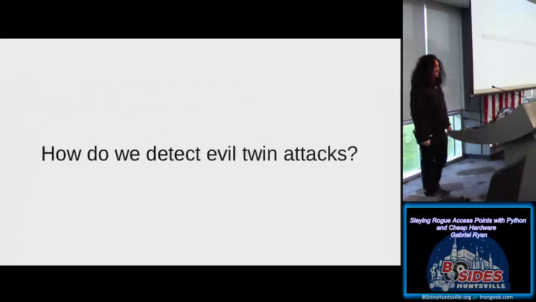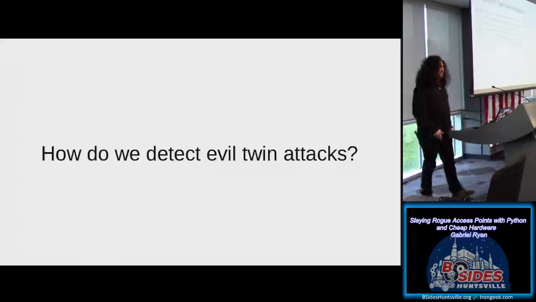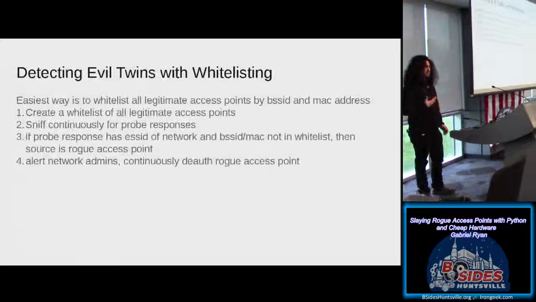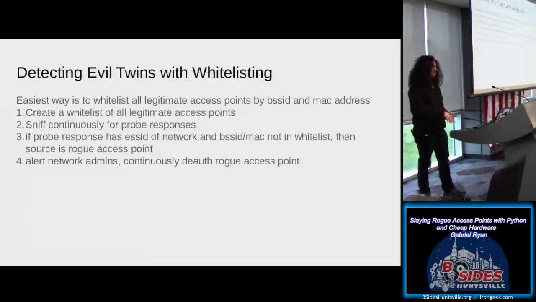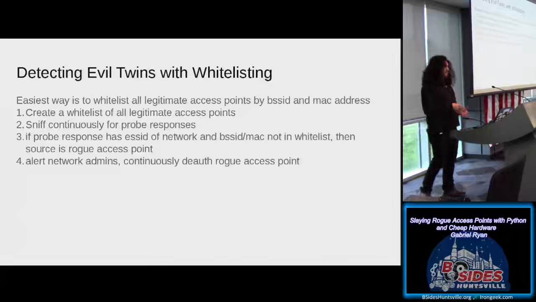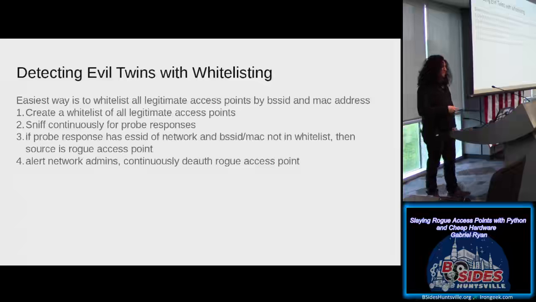So, how do we detect evil twin attacks? Well, the easiest way to do this is whitelisting. You can create a whitelist of legitimate access points, with the BSSID, not the network name, but the actual BSSID of the hardware access point.